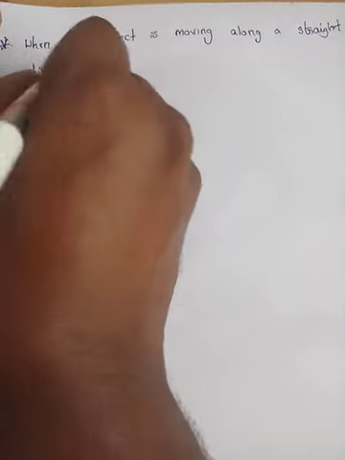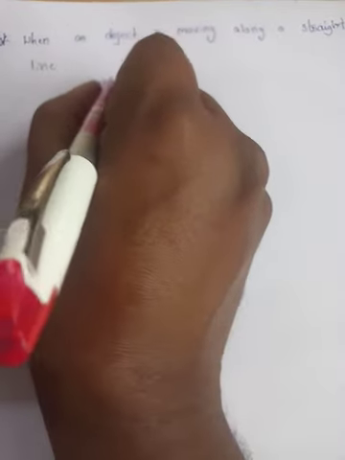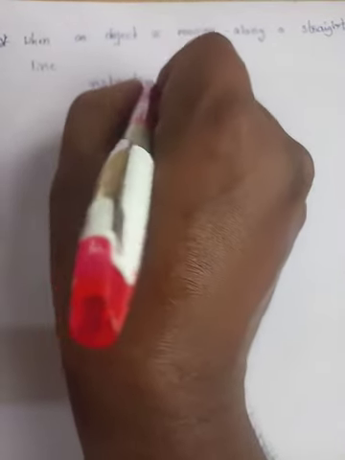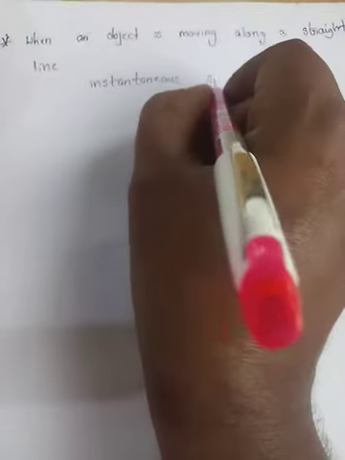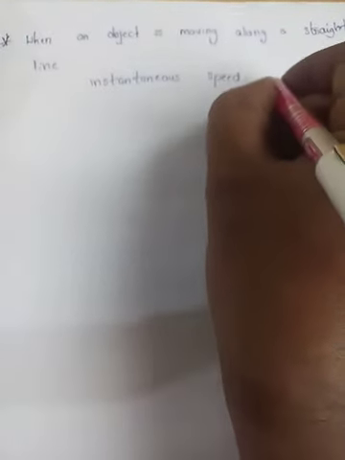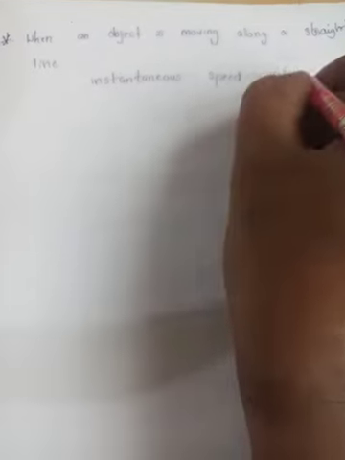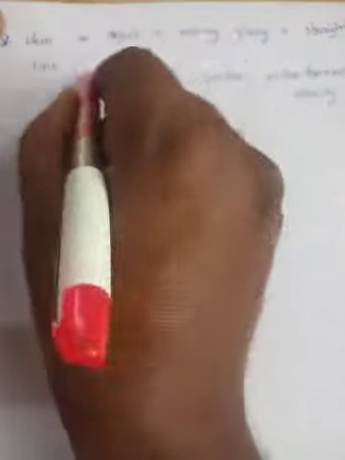Because in a circular path its direction changes, and if direction changes, velocity changes. So this point you should remember.